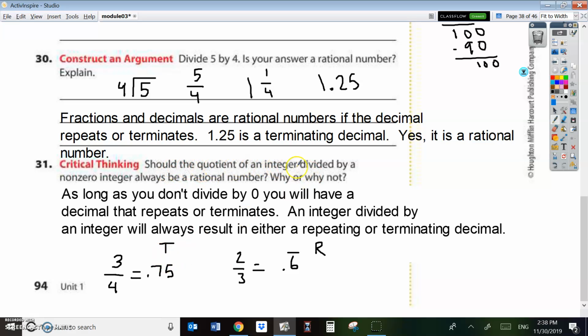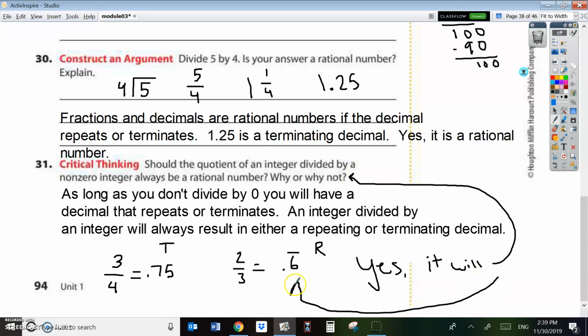So the quotient of an integer divided by a non-zero integer will always be a rational number. Yes. It will always be rational, because you get a repeating or a terminating decimal.